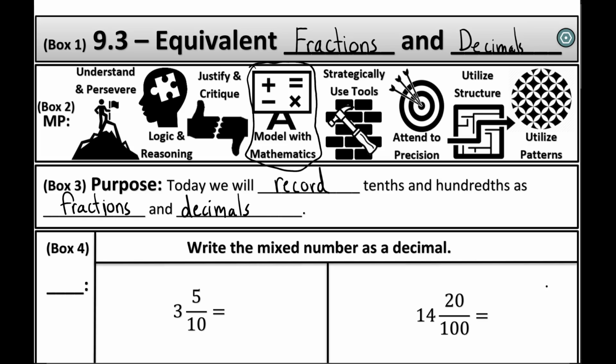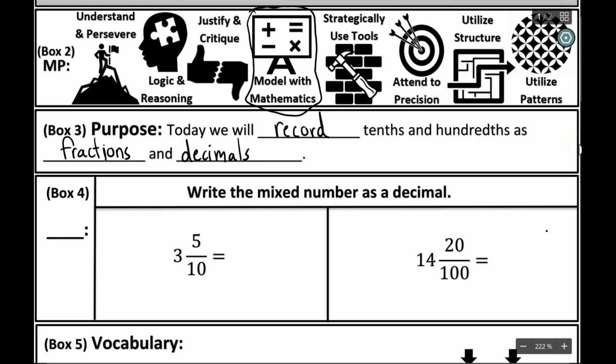Alrighty, on the board, you know what to do in 3, 2, and today we will record tenths and hundredths as fractions and decimals. Awesome job, guys. Going into Box 4, our APK, activating our prior knowledge.